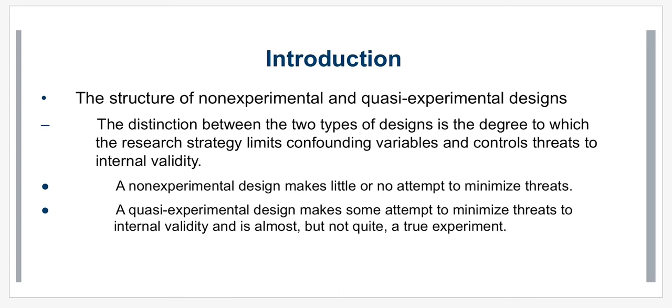Remember, when we talked about experiments, if there were threats to internal validity or some kind of confounding variable, we want to try to remove it, right, or adjust for it. In these situations, it is such a fundamental part of the design that you can't remove that variable, or you can't change the way that that's done. And so because of that, it's going to be considered non-experimental or quasi-experimental instead.